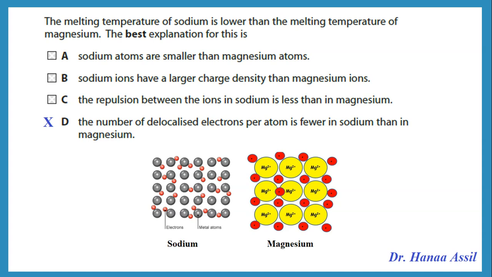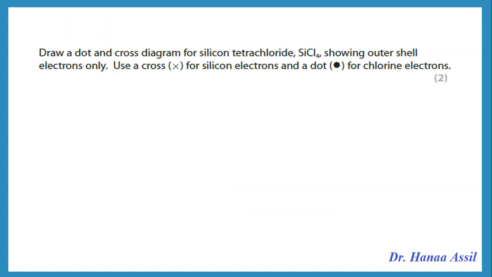So if we say sodium has lower melting temperature, that is because sodium atoms have one delocalized electron per atom, while the magnesium has two delocalized electrons per atom. So the more the delocalized electrons per atom, the stronger the electrostatic attraction forces, so the higher the melting point. So sodium would have lower melting point.